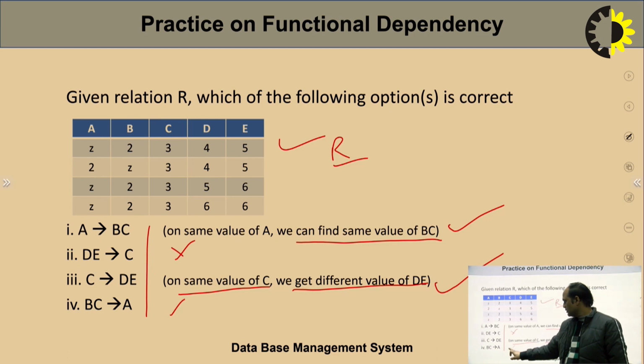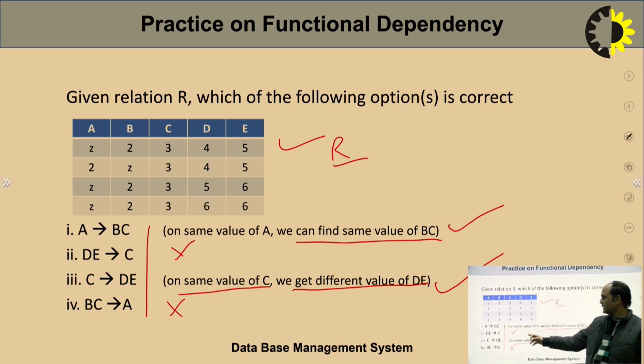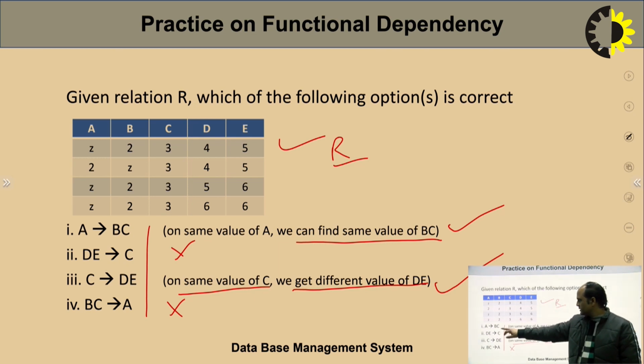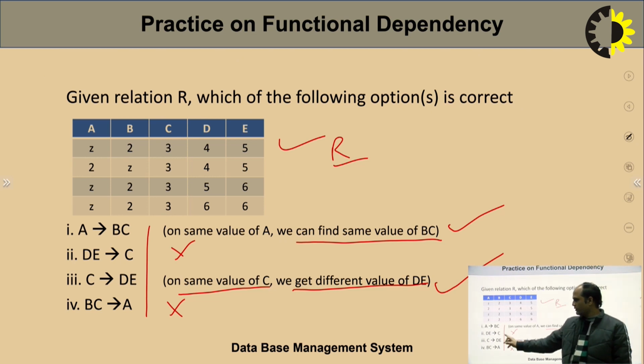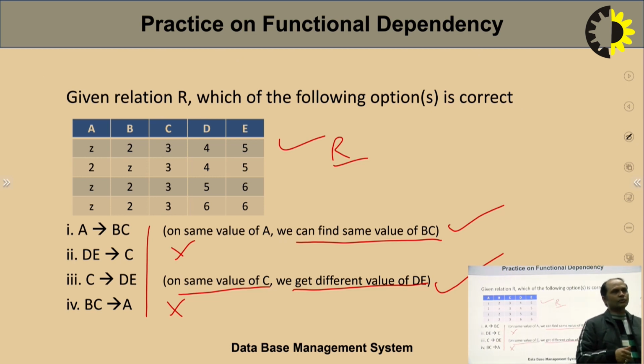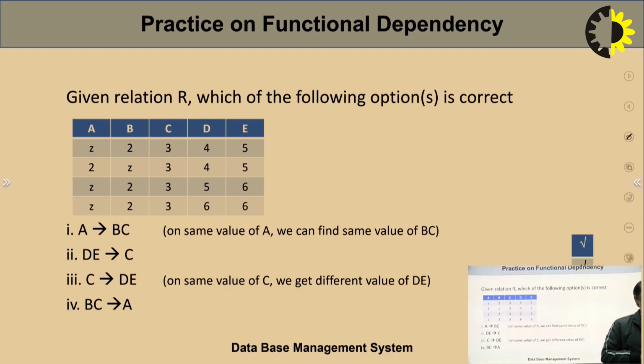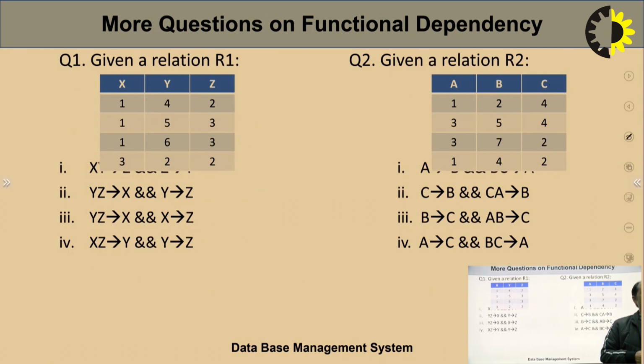These two options are wrong, since C cannot be determined by DE. So from this example, we can easily understand how a value can be dependent on another attribute. In the first example, A tends to BC, then B and C values are dependent on A. In the third example, DE values are dependent on C, but the second and fourth options are wrong in functional dependency. That means they cannot be interchanged.